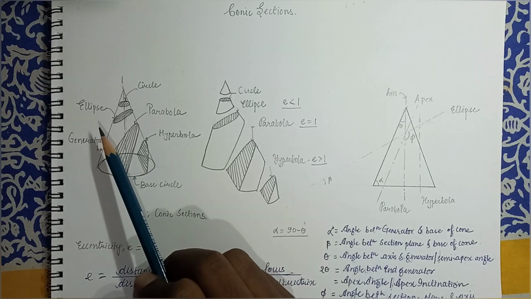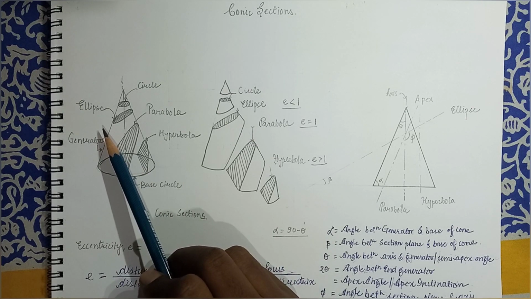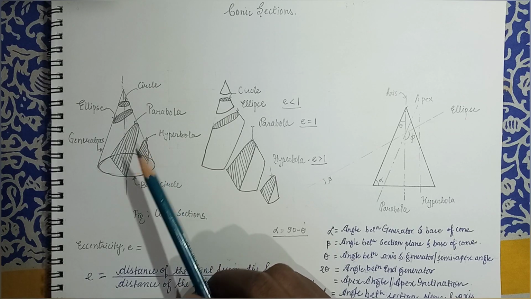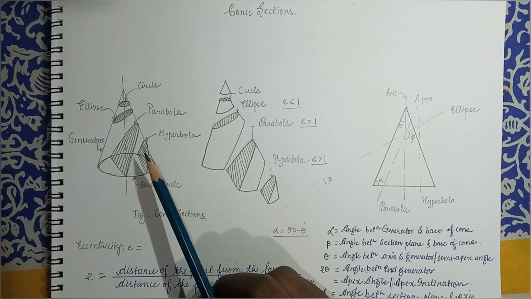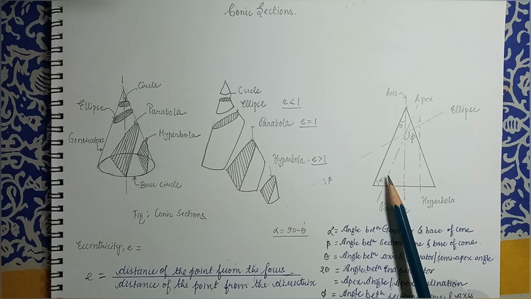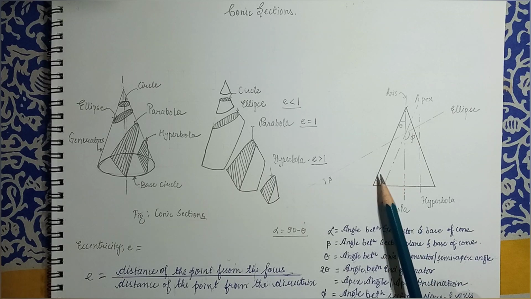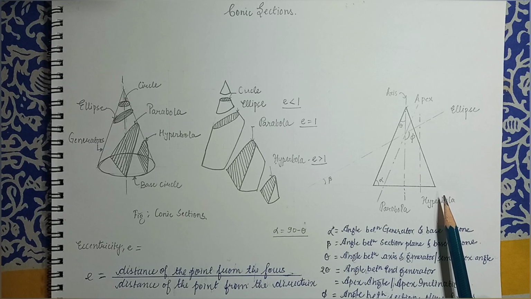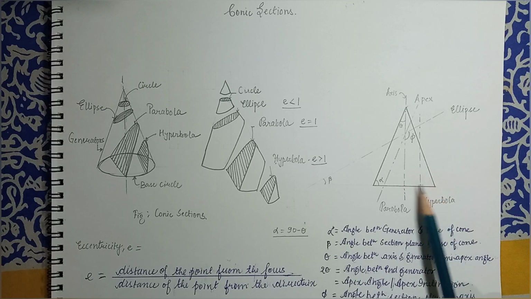So that is how you define an ellipse. Similarly, when the section plane is inclined to the axis and it is parallel to one of the end generators, the section obtained is a parabola. Similarly, for hyperbola, the section plane is parallel to the axis of the cone, and the section obtained is called a hyperbola, right?